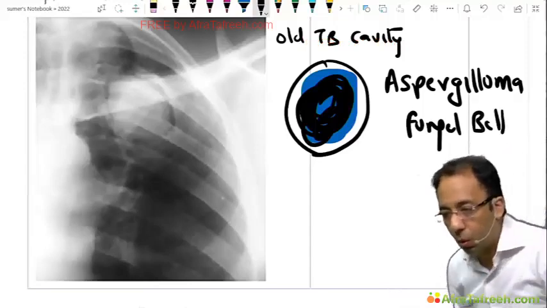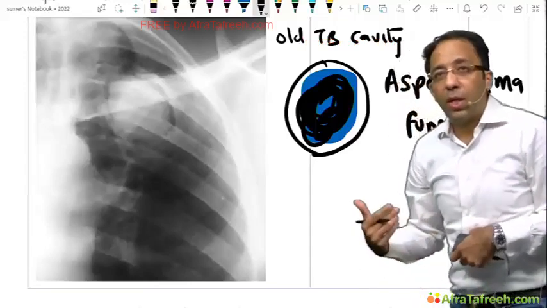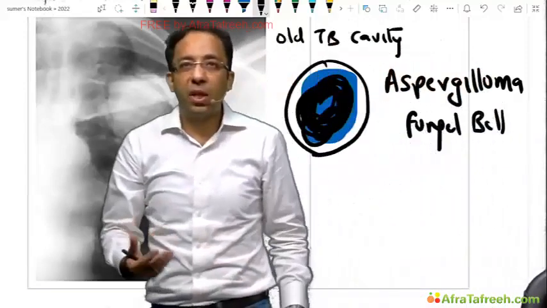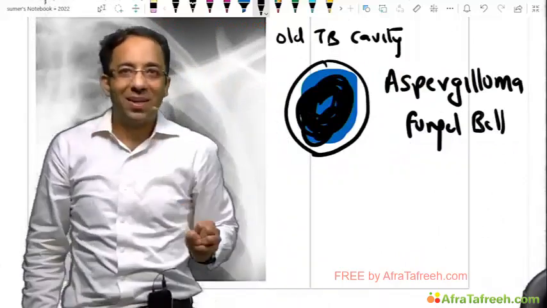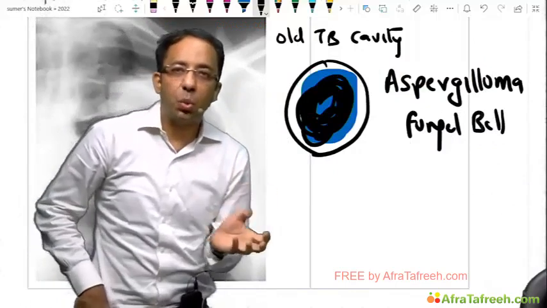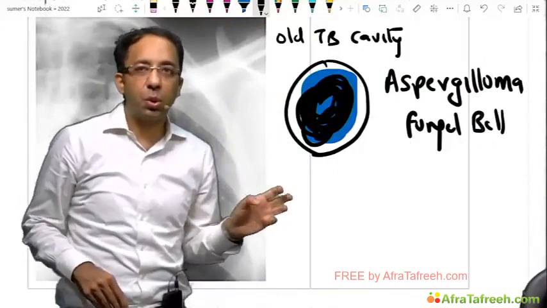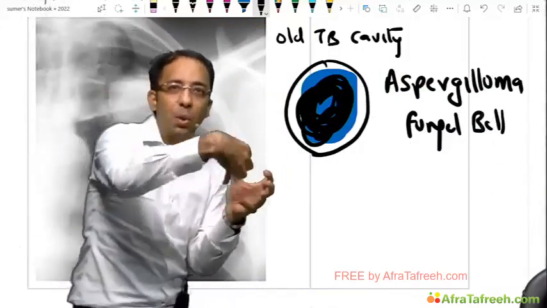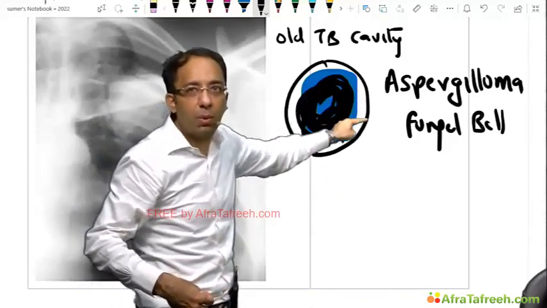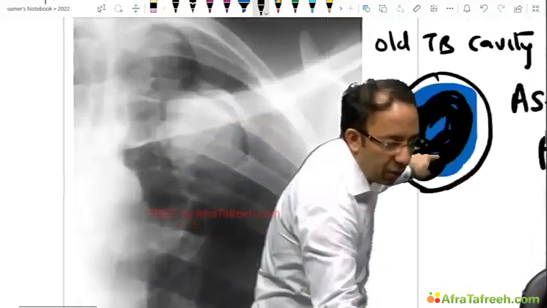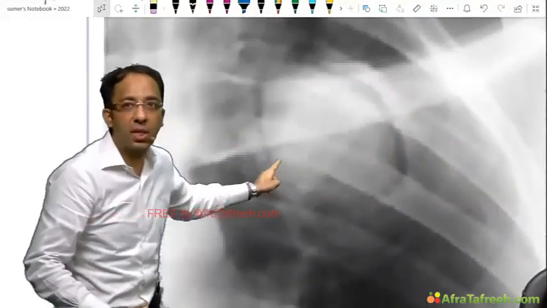Now this fungal ball is actually developing within a cavity. So because it is within a cavity, it is taking the round shape. But it is not attached to any wall. It is not attached to the wall of the cavity. So surrounding the fungal ball, you should be able to see air. Now see this X-ray here.